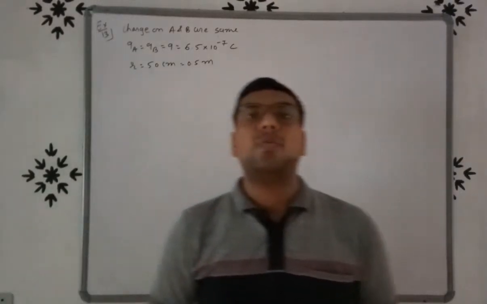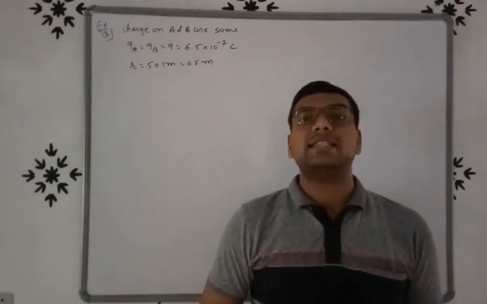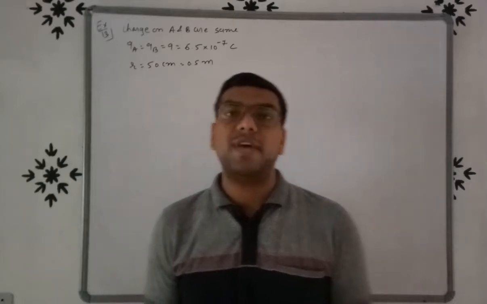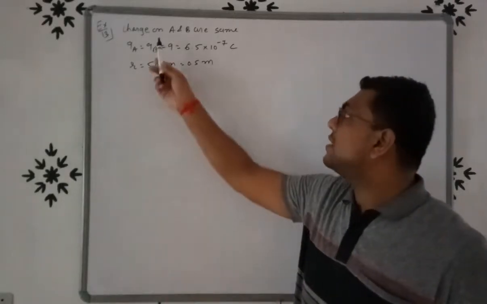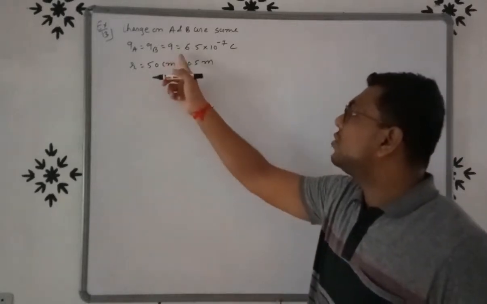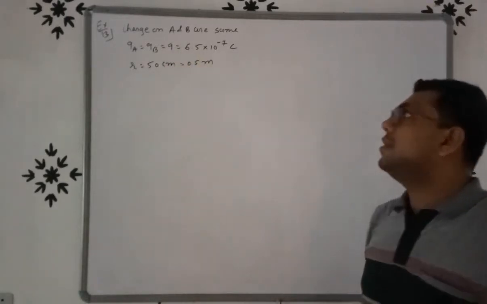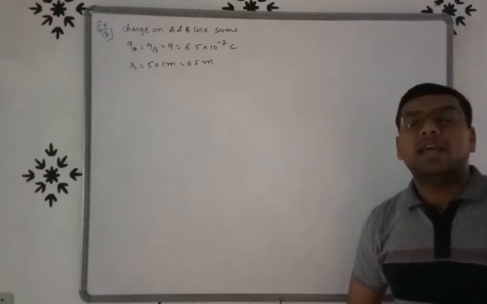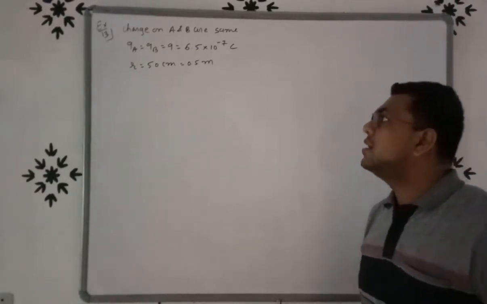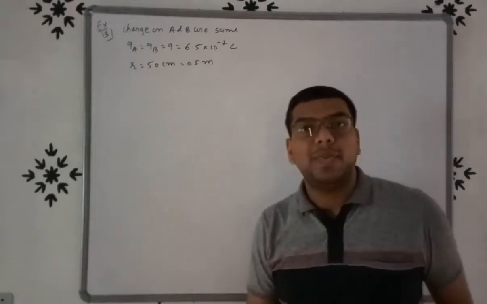Now the data are the same as in exercise number 12. In exercise 12 the charges on spheres A and B are the same, so QA is equal to QB is equal to Q, which is 6.5 into 10 raised to minus 7, and the distance is also the same, 50 centimeter, so 0.5 meter.